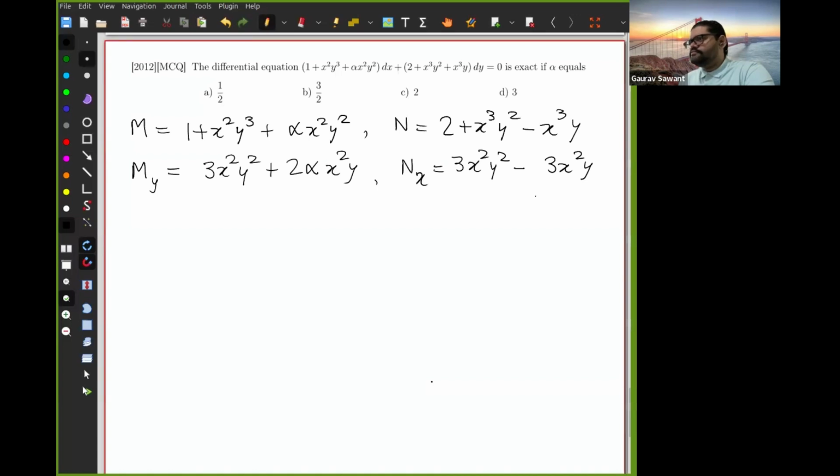And this is supposed to be exact. So both these sides have to be equal. And then one can readily infer that 2 alpha is equal to minus 3, alpha equal to minus 3 by 2. But there is no option.